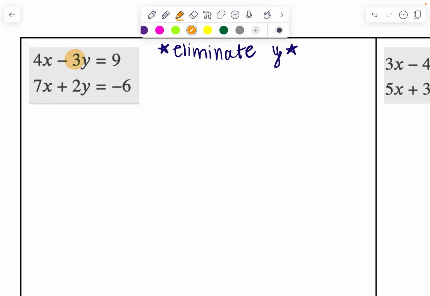I have a negative 3y in my first equation, positive 2y in my second equation, which means I'm going to multiply my first equation by a positive 2 on both sides and multiply my second equation by a negative 3 on both sides.